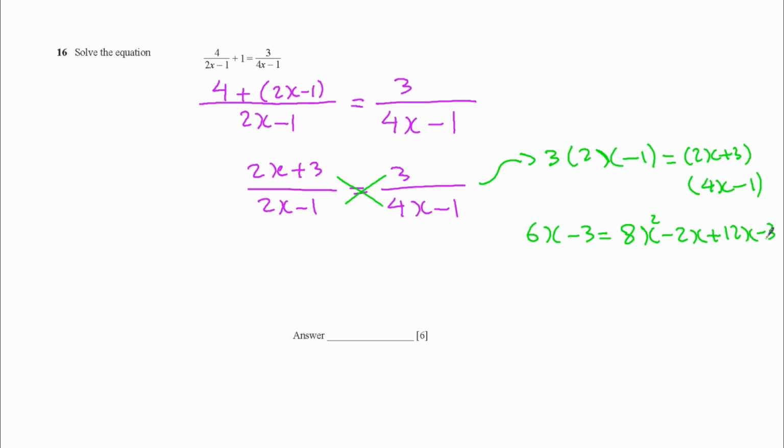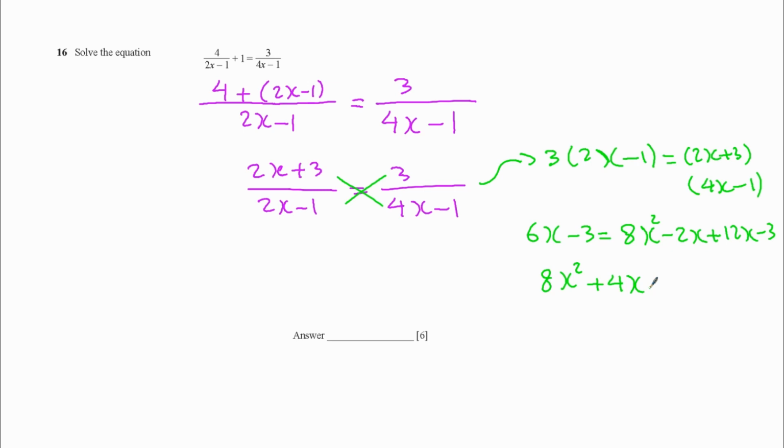On the right hand side, I already have minus 2x plus 12x, which would be 10x. And 6x comes to that side, becomes minus, so this would be plus 4x. And I have minus 3 and the minus 3 on the other side. So minus 3 comes to this side, becomes plus, and that simplifies, so that would be equal to 0.